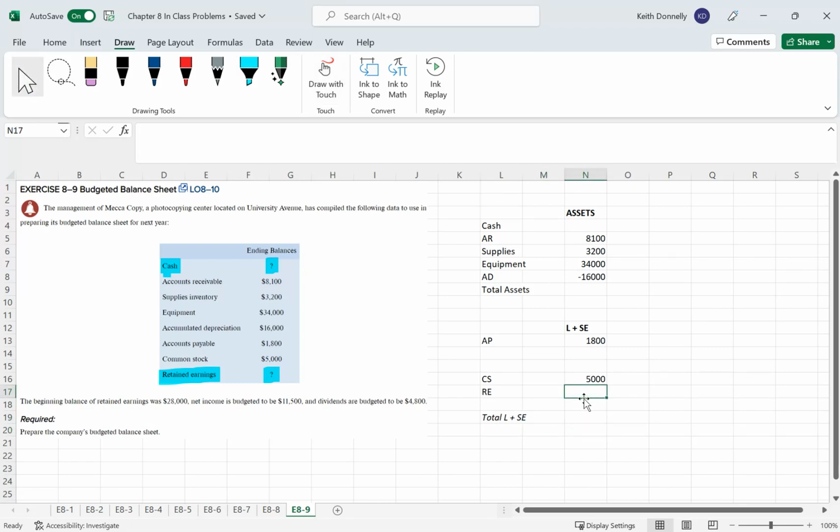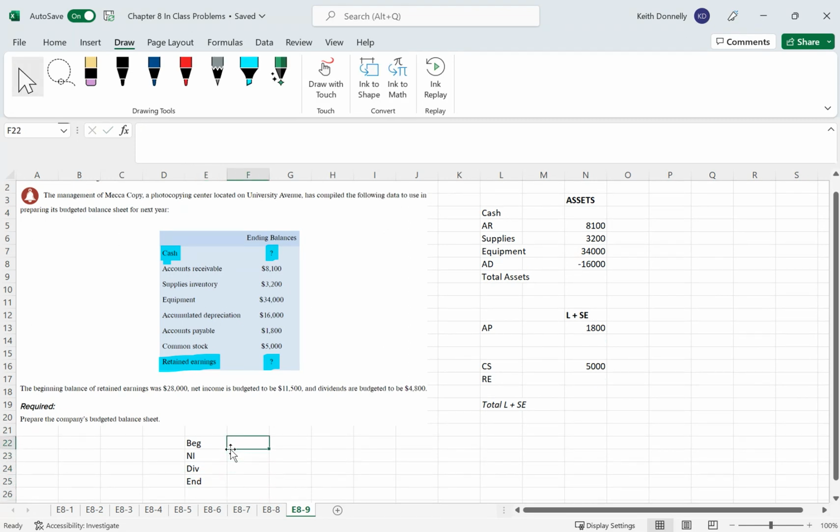For our retained earnings, what we're going to have to do here is a retained earnings roll forward. You have your beginning plus your net income minus your dividends equals your ending. They're telling us that the beginning balance was $28,000. Our net income, we're expecting it to be $11,500. Dividends, $4,800.